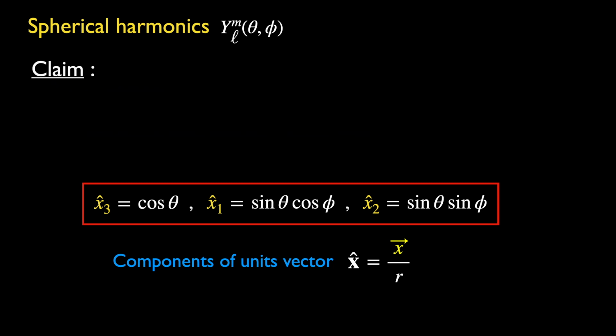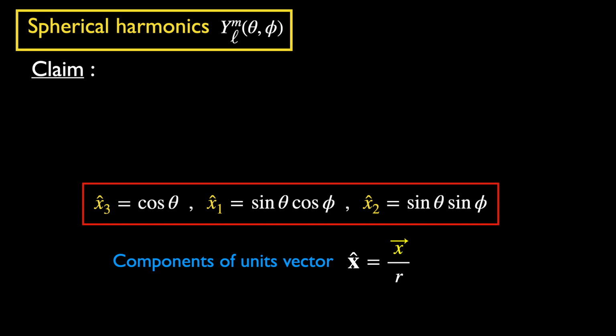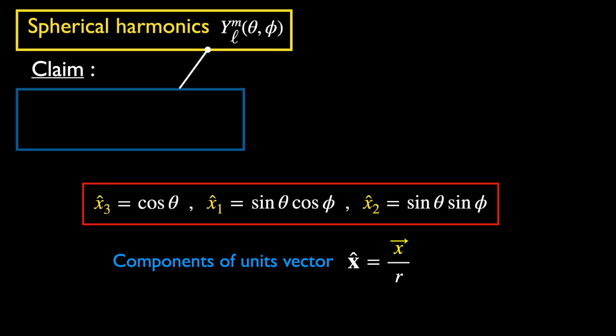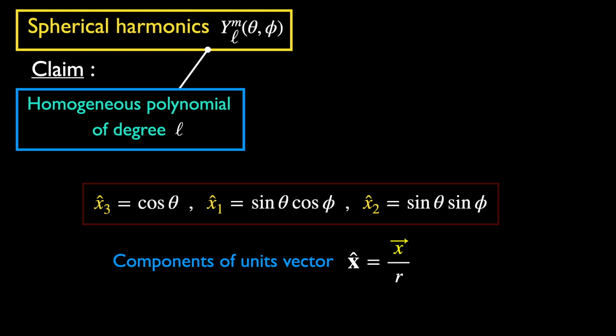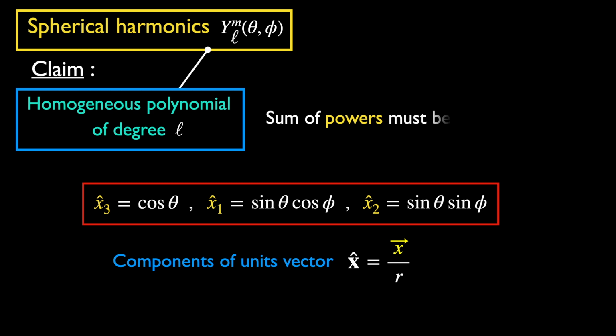We claim that the spherical harmonics Y_lm is a homogeneous polynomial of degree L in terms of these components. That is, the sum of powers in each term of a polynomial of these components must sum to L. Let's prove this now.